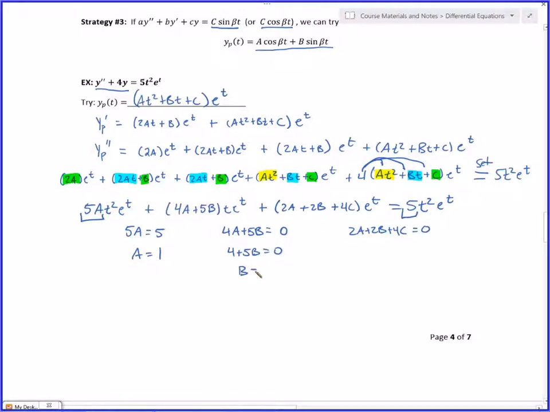So b is negative 4/5. And then I have 2 plus 2 times negative 4/5 plus 4c equals 0. The rest is algebra.